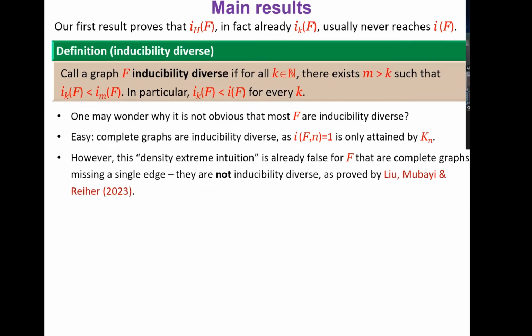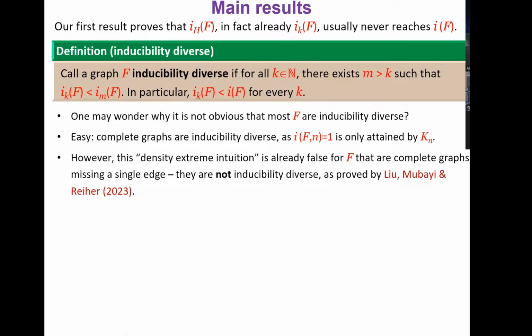Well, perhaps one would think that dense graphs should be inducibility diverse, but this is actually false. Suppose you take a complete graph, say K100, just with one missing edge. Remember, this was covered in the result of Liu, Mubayi, and Reiher, because it's a complete graph missing an edge.